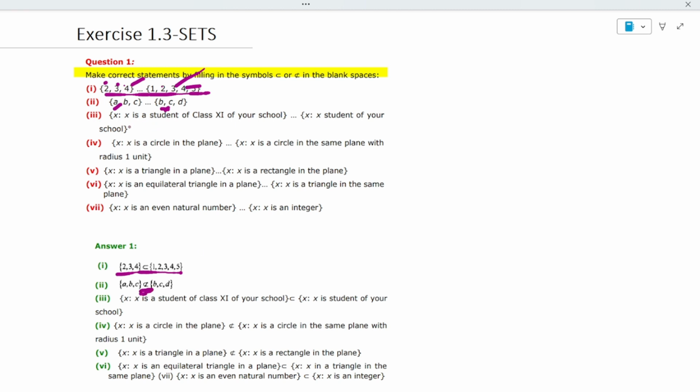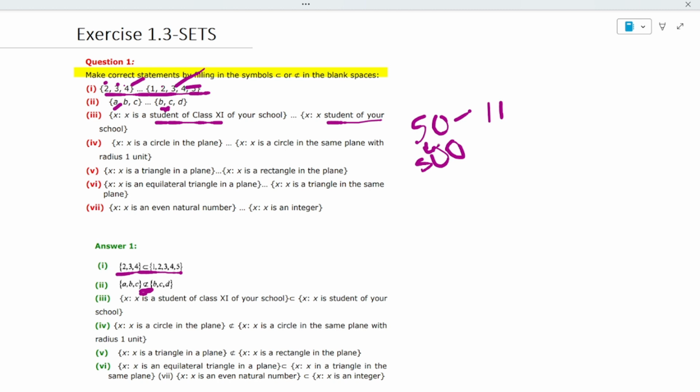Now let's see, x such that x is a student of class 11 of your school, in set builder form, next, x is a student of your school. Let's take an example: if in class 11, 50 students are present, and in the whole school around 500 members are there, these 50 members belong to those 500 members.